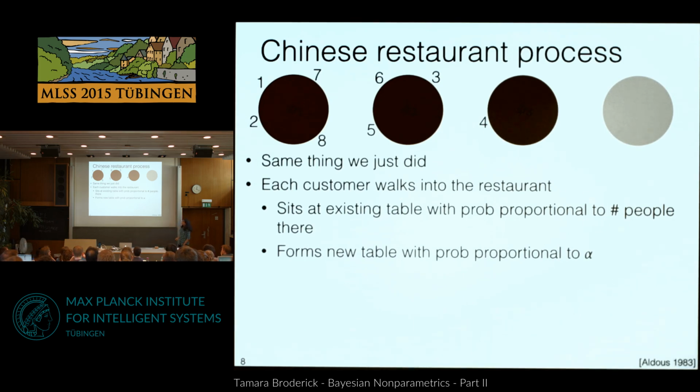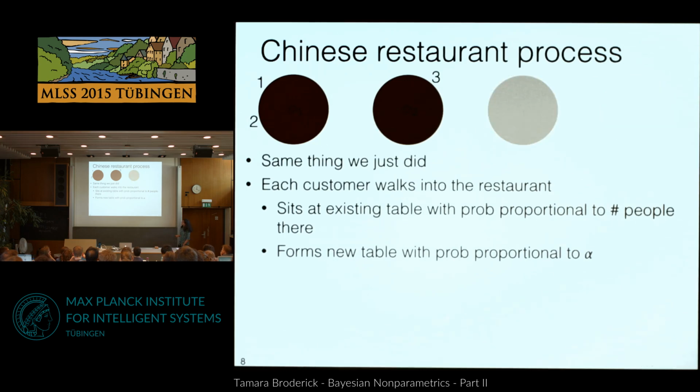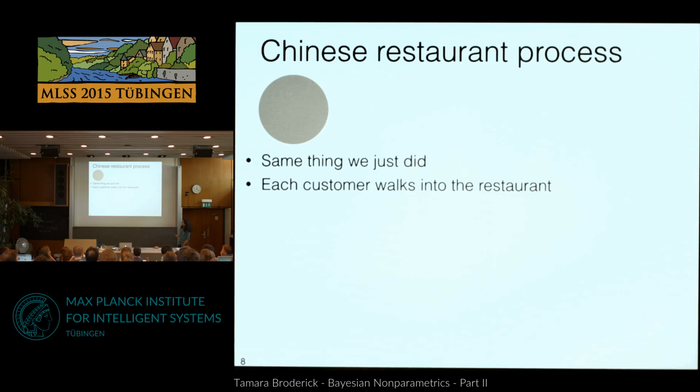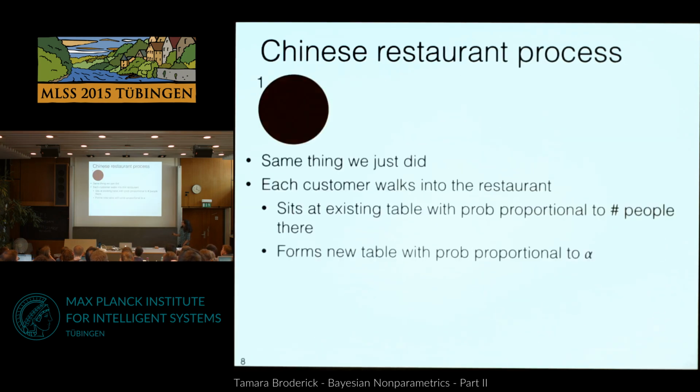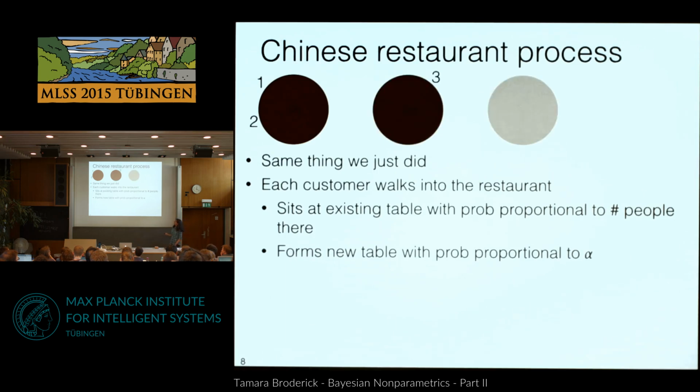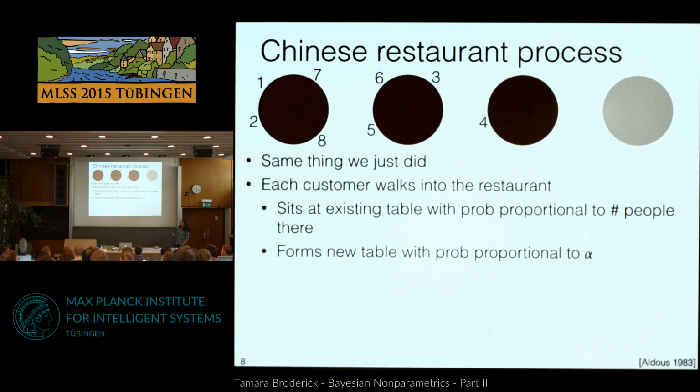But actually, these ideas, the Hoppy urn and the Blackwell-MacQueen urn, date back even further. Oh, I should have a reference on that slide. I'll add it later. The Blackwell-MacQueen paper came out in 1973, same as the Ferguson paper on the Dirichlet process, and the Hoppy urn paper, I believe, came out in 1984 or 1982.